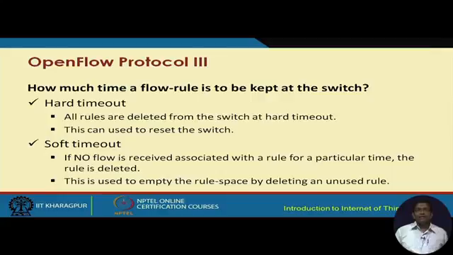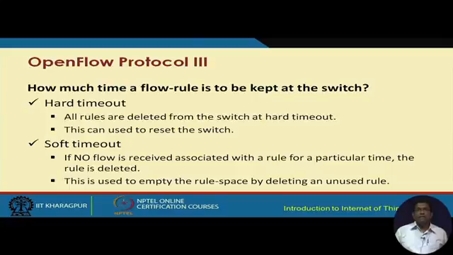So, one of the issues is for how long a particular flow rule that is generated is to be kept in the switch. For this there are two timeouts defined. One is known as the hard timeout, the other is known as the soft timeout. In the hard timeout methodology, all the rules are deleted from the switch at a particular time.